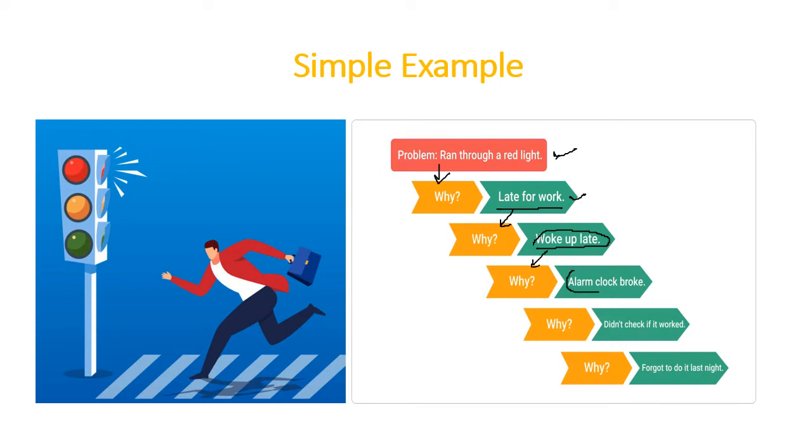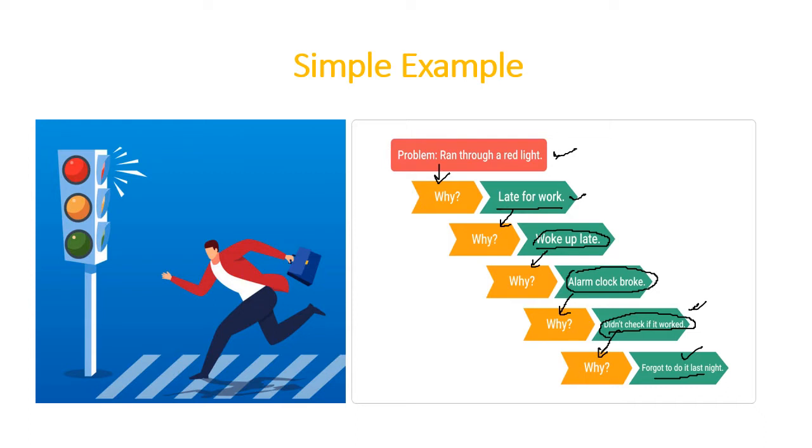Okay, then why did he wake up late? Because the alarm clock broke. Okay, then why did the alarm clock break? Or you can phrase the question differently: why did it not work? Because he did not check if it worked. Last night, he did not check whether it was working or not. Why did he not check it? Because he forgot to do it last night.